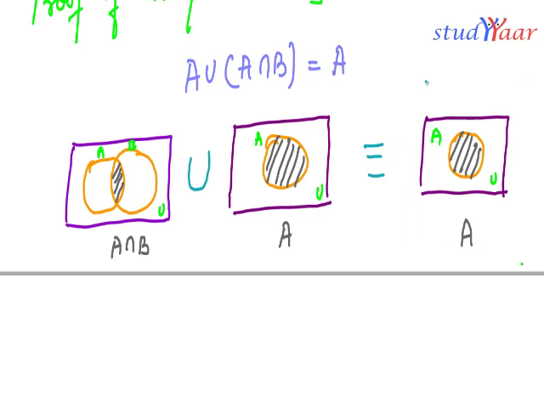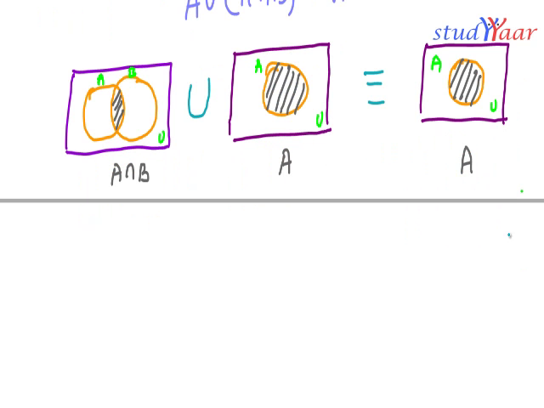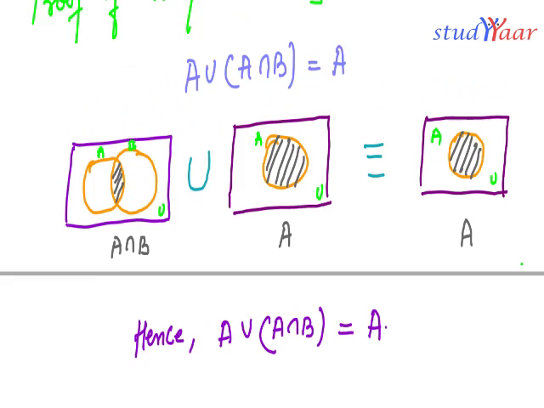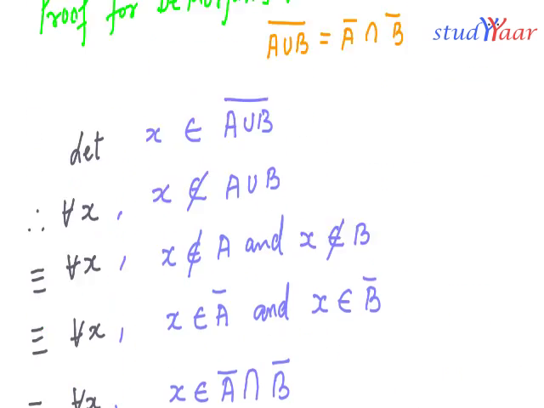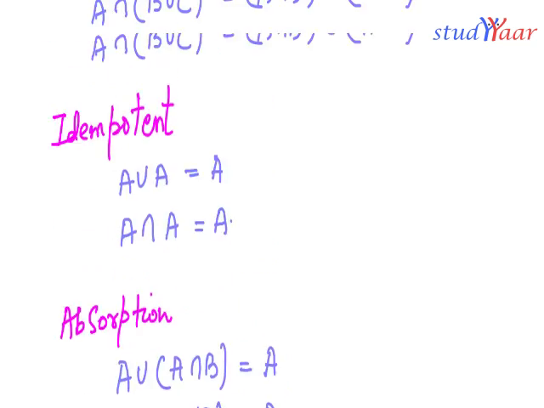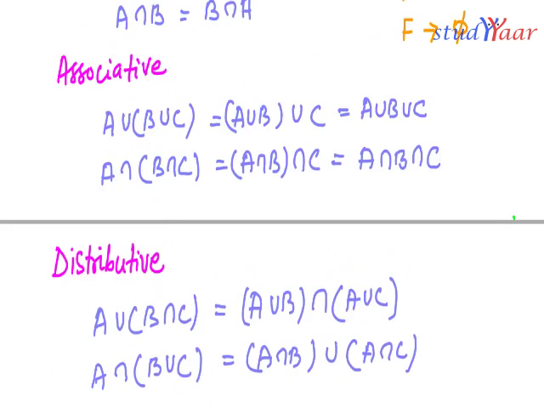Therefore you can write over here: A union A intersection B is equal to A. So this is how you prove using a Venn diagram. Let's take another example so that the Venn diagram method is clear to you.